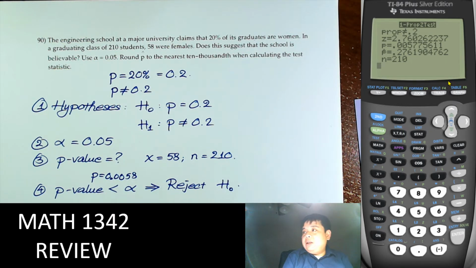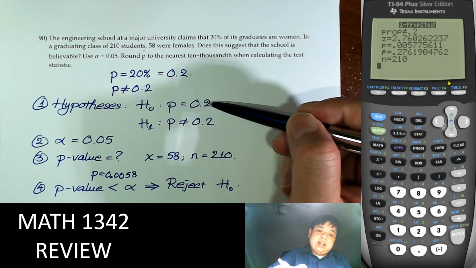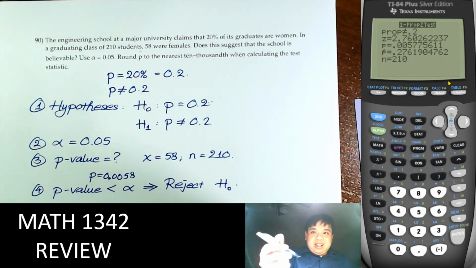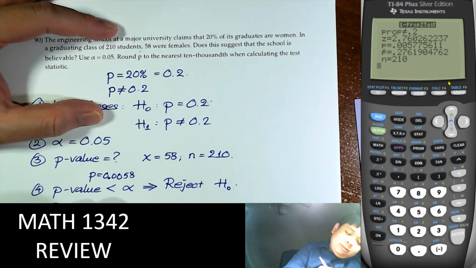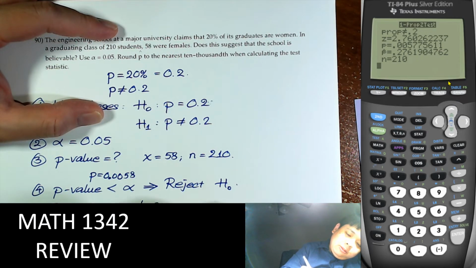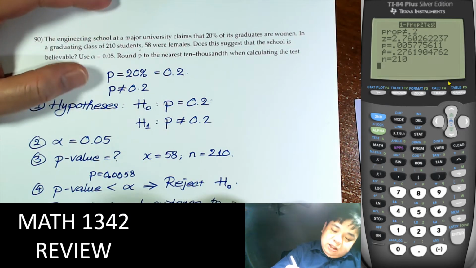This suggests that the score is not believable. So we say there is enough evidence to support that the proportion is not 20%.